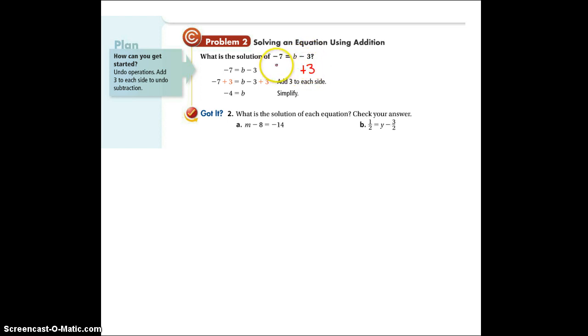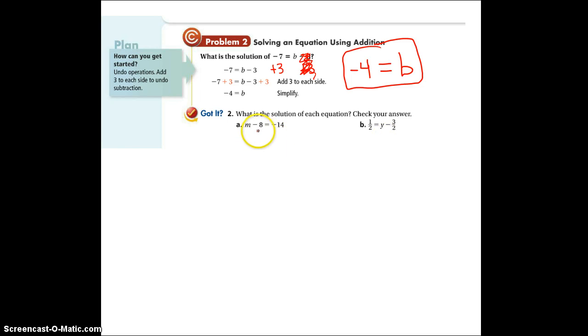And if I do it to one side, I have to do it to the other to be fair. So the minus 3 and the positive 3 equals 0. So I have the treasure box by itself, and negative 7 and a positive 3 gives me negative 4. So b is equal to negative 4.